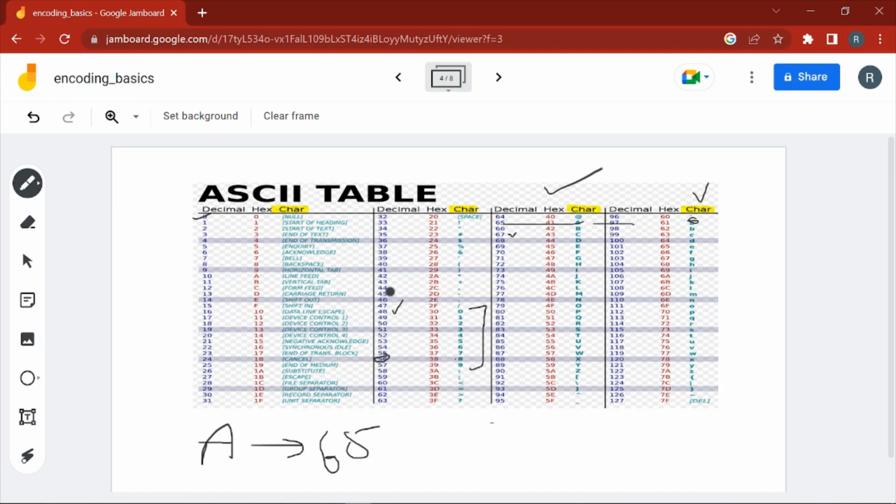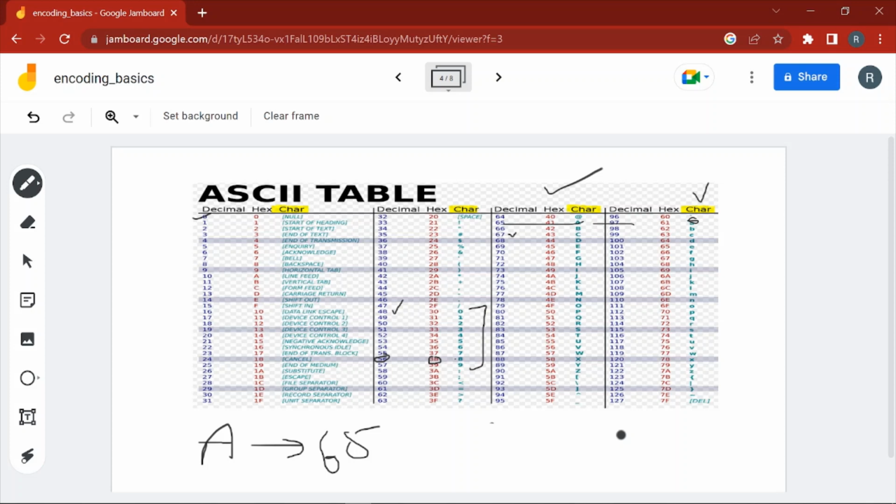This 56 is decimal, and you can also refer to 38, which is in hexadecimal. This is how the conversion happens from character to number using the character set. This has a particular limitation because it only supports 128 characters. That's why other character sets came into the picture.